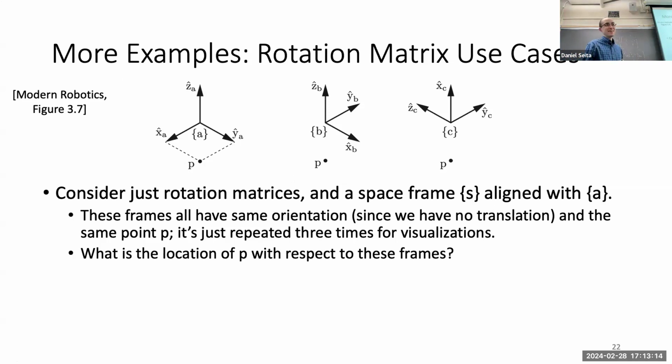That's the next slide. Or maybe the first one. What's the location of P with respect to the A frame? And by the way, usually when we write the arrow, the arrows should extend so that its length represents 1 unit in that direction. Just because otherwise we have to pick a number for that.